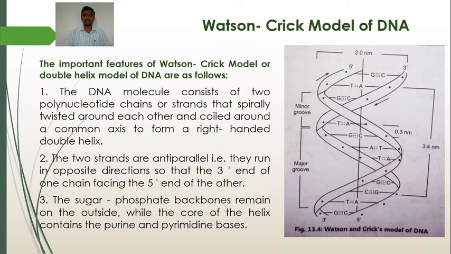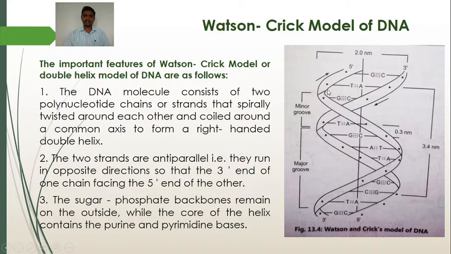Now the important features of Watson-Crick model or double helix model of DNA. Watson and Crick discovered the three-dimensional structure of the DNA. In this figure we can see the structure of the DNA. Here we can see the two polynucleotide chains wrapped around each other to form a stable double helix.